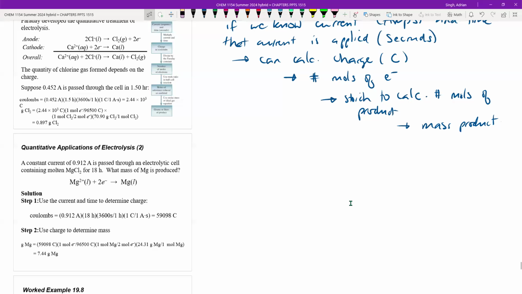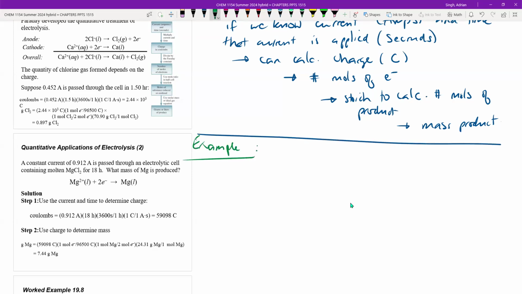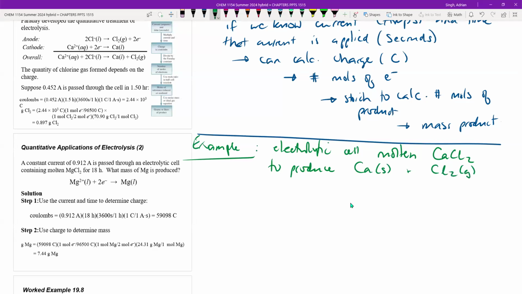All right, so let's say we have an electrolytic cell, and we're looking at the electrolysis of molten calcium chloride, CaCl2, to produce calcium metal and chlorine. So it's very similar to the electrolysis of molten sodium chloride that we looked at before.